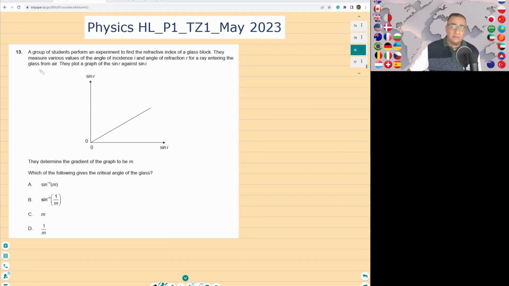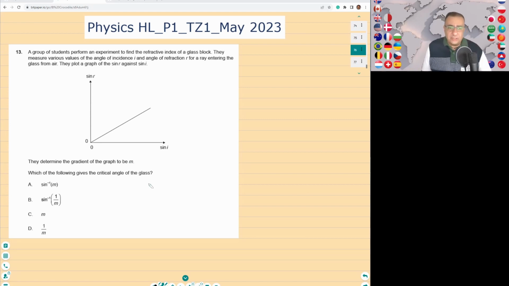They plot a graph for sine R against sine I, and we can see here it's a straight line passing by the point of origin. Now, they determine the gradient of the graph to be m. Which one of the following gives the critical angle of the glass?